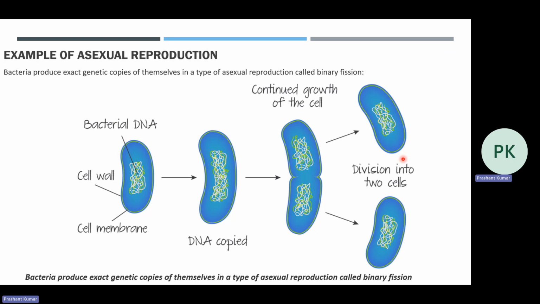So bacteria produce exactly the same genetic copies of themselves in a type of asexual reproduction. Both have 100% the same genetic information, and both daughter cells look the same, because the same genetic material and the same genetic information travel to the next cell. That is why they are exactly 100% identical to each other, as well as to the parent cell.